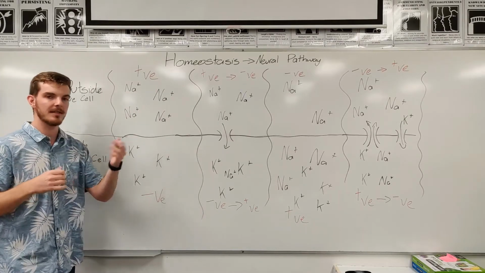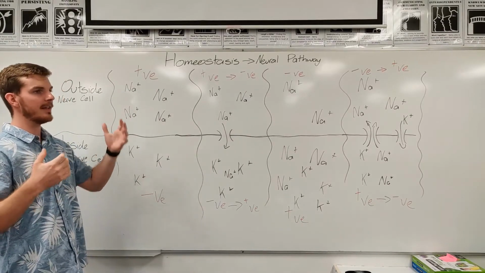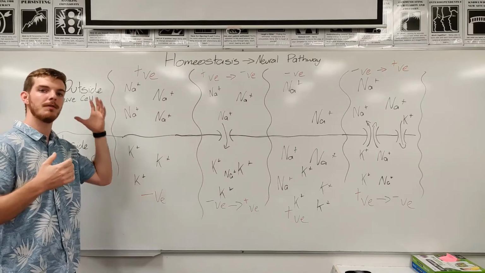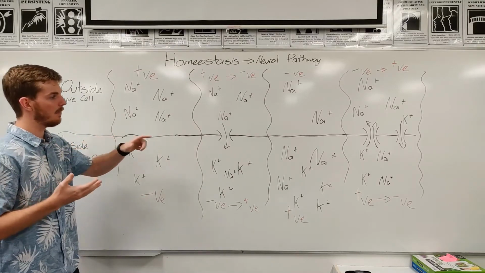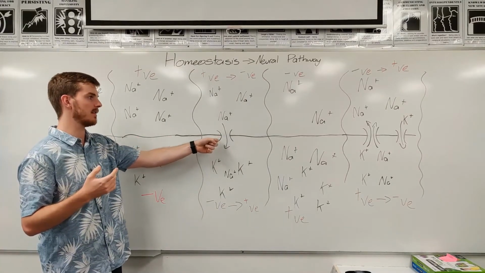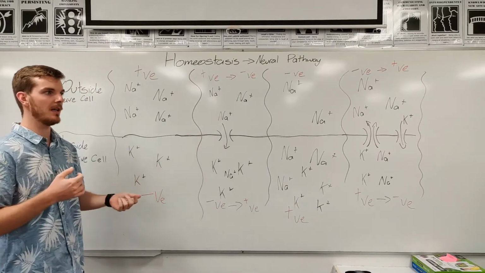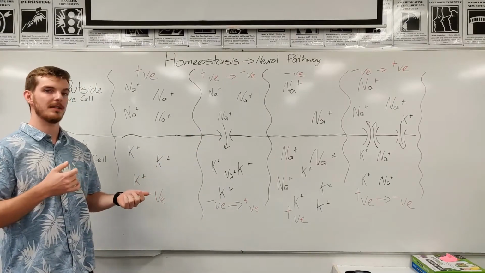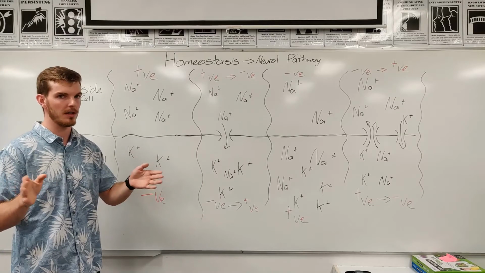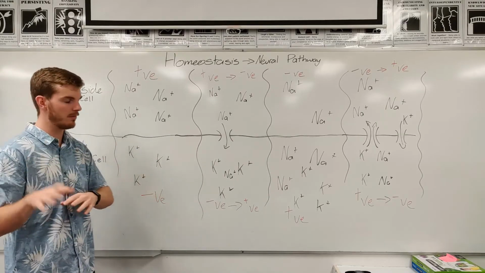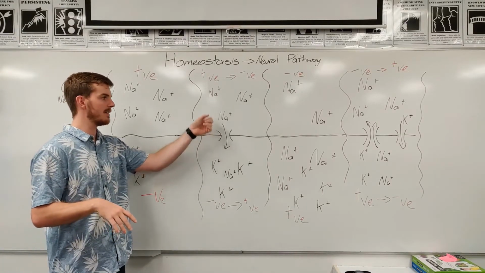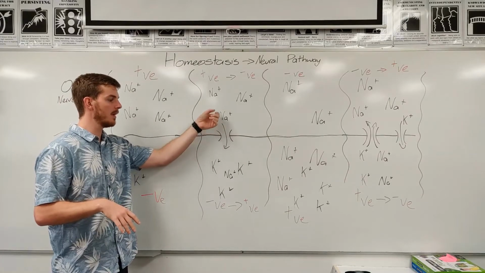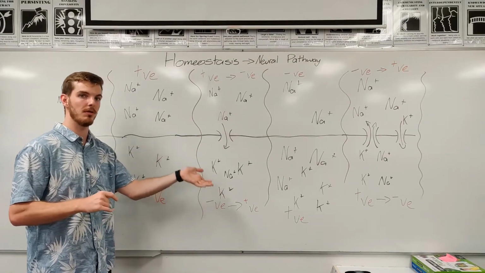Alright, so the next thing comes along, and there's a signal from another nerve or from the brain, and what happens is we have these channels here. They're called the sodium potassium pump. If you want to research it, you're more than welcome to. And essentially, this allows the sodium to flood across into the nerve cell.